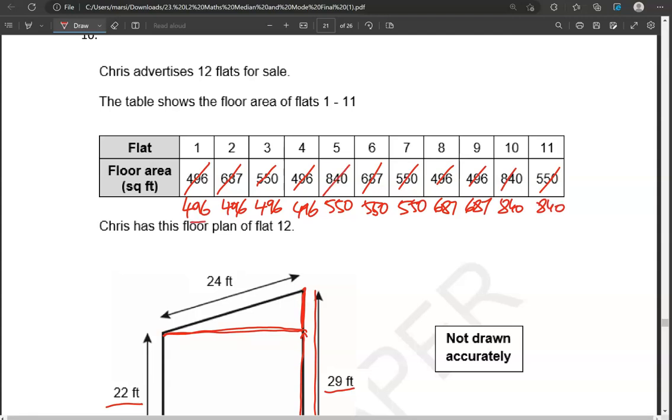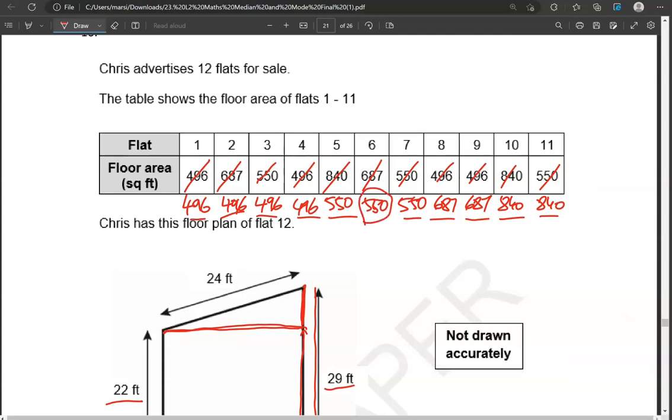So crossing these out, we have 550 in the middle.